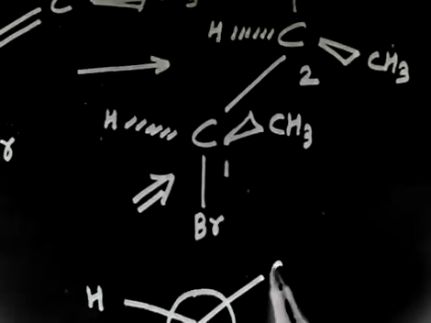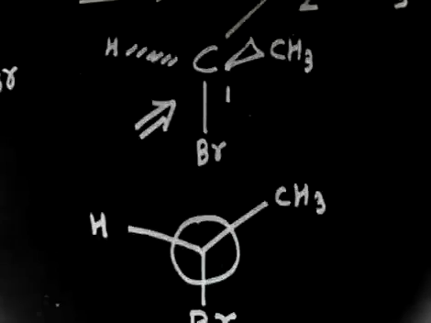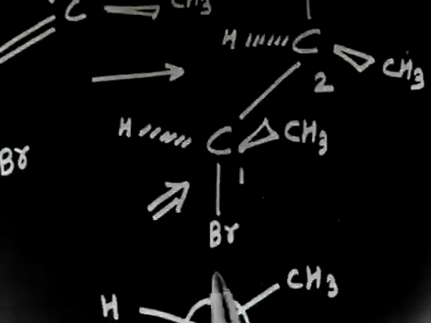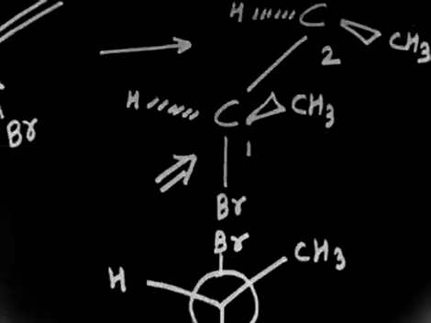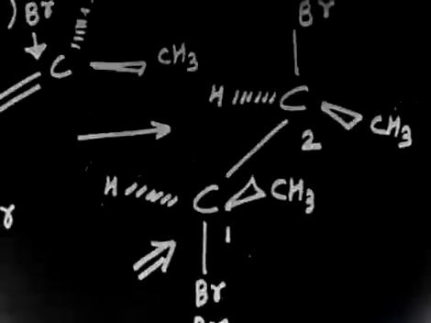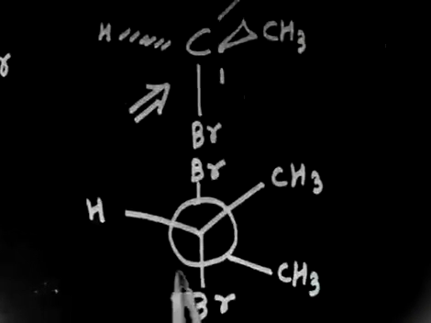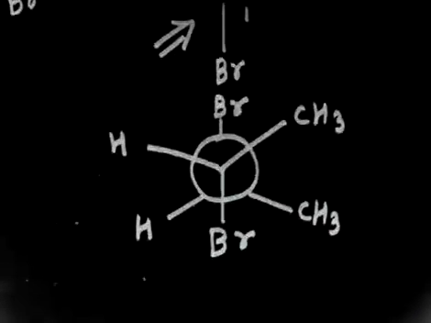On the back carbon, the bromine is here, the CH3 is downside, and here you have a hydrogen. So this is the compound you get after writing the Newman projection formula.